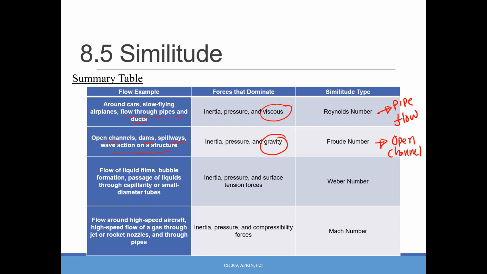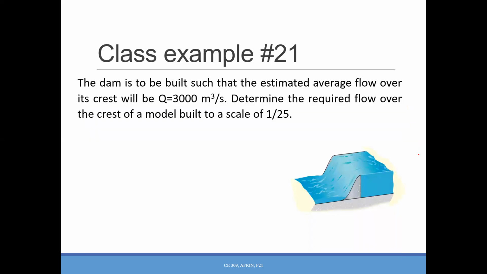Okay. After that, we should do two class examples, class example 21 and 22. So let's start working on class example 21. It says that the dam is to be built such that the estimated average flow over its crest, so this one is called the crest, to be 1,000 meter cube per second. That's a huge amount of flow.